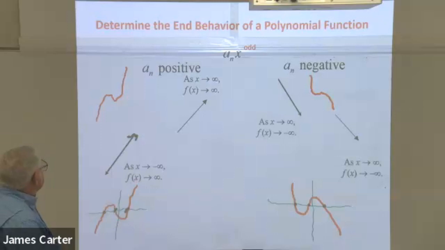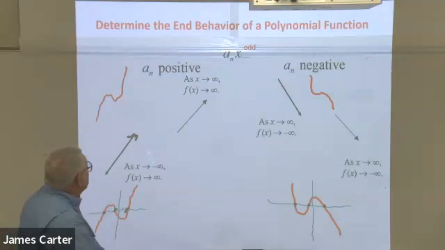And there's another one. This time we're dealing with odd degree ones. Here's the general odd shape: third, fifth, seventh, ninth power. Okay. Basically goes from down to up, kind of like this.